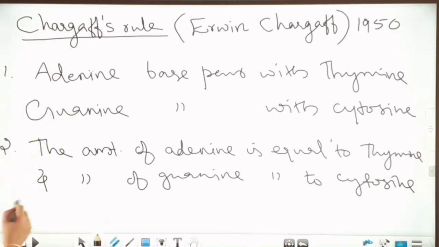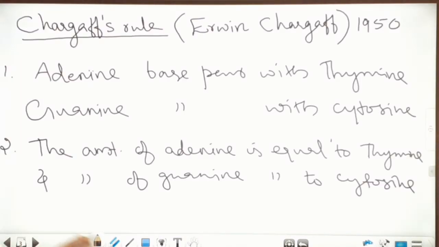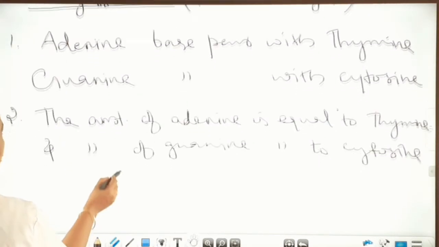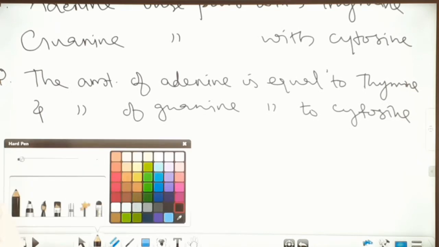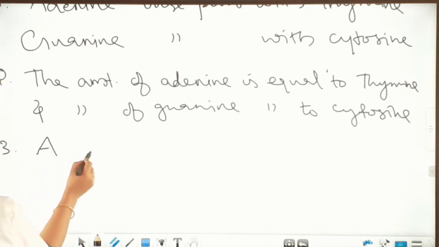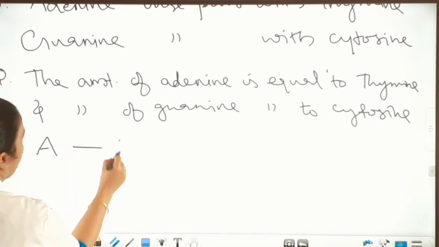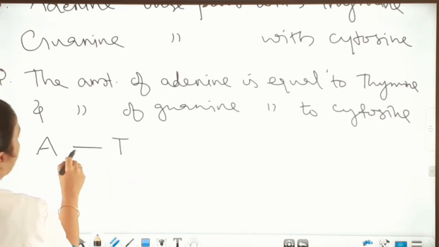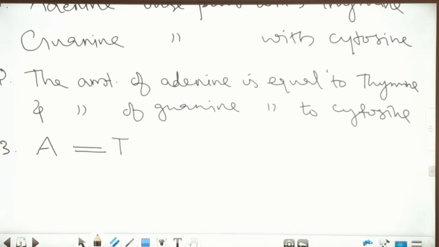Okay, and the third one, next we can see the third point of Chargaff's rule. Adenine always base pairs with thymine with the help of two hydrogen bonds.